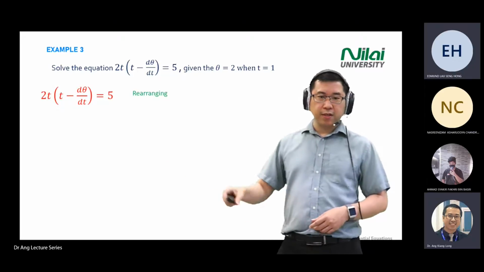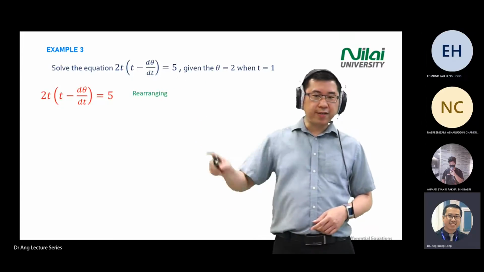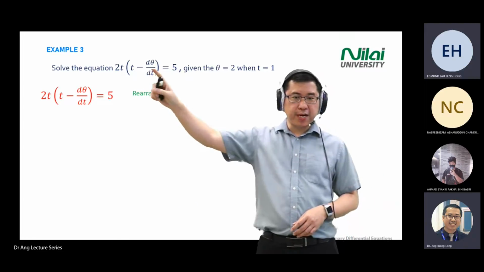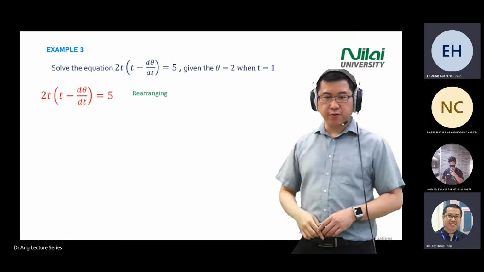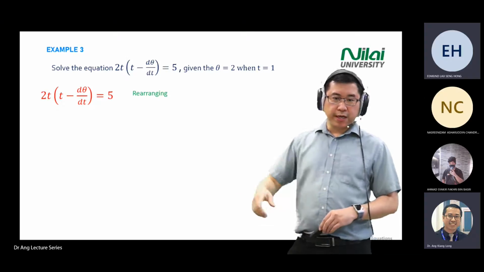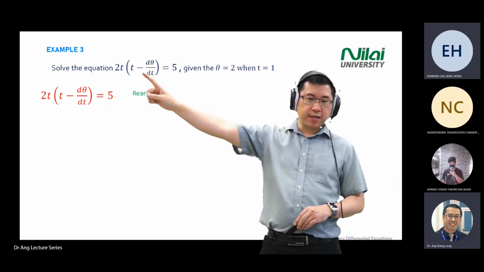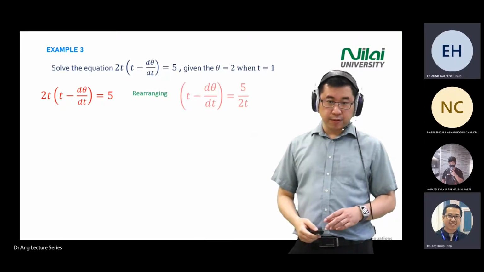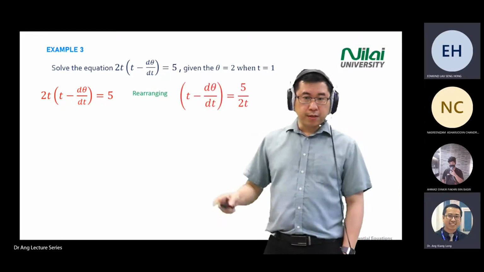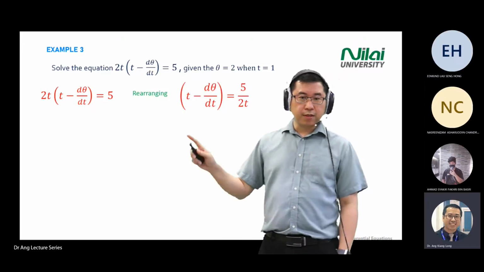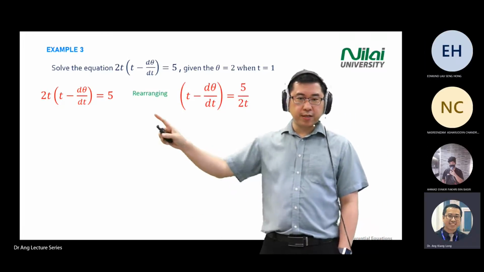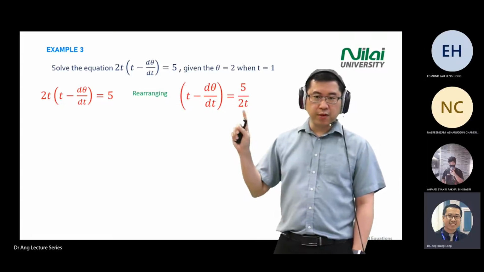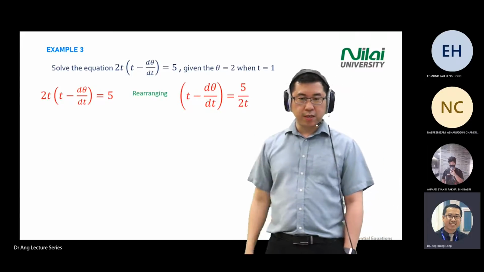Rearrange. You move the 2t to the right hand side. Again, 2t and the bracket is multiplication. When you move it to the right hand side, it is division. And then you move the negative sign to one side, and then to the other side. When you arrange, from left hand side to right hand side, you move the 2t to the right hand side: 5 divided by 2t.